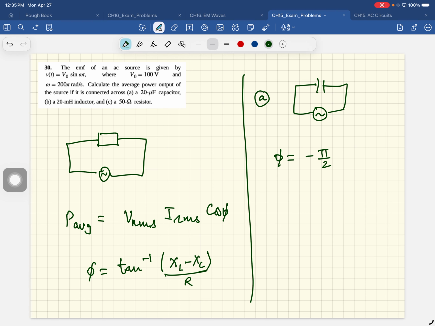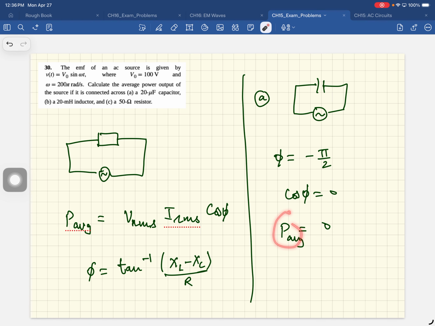Okay, and cosine phi will be 0, and power is 0. All right, so what this equation is saying, the average power delivered to the capacitor is 0. What happens is the energy is delivered to the capacitor in one cycle, and then that energy is delivered back to the source. Okay. So again, if you have a purely capacitive circuit, no power is delivered to the load.